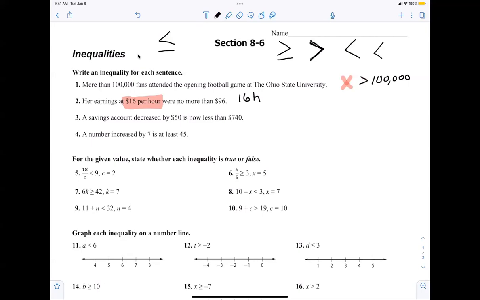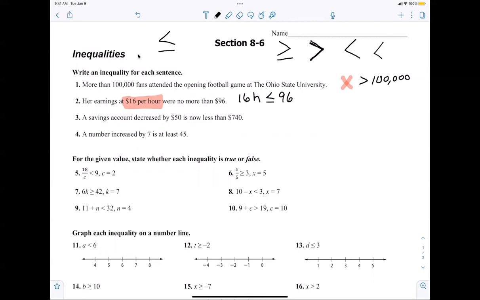If I have no more than $20 in my pocket, that means I have what? That is correct. I can't have any more than $20. No more than means less than or equal to 96.